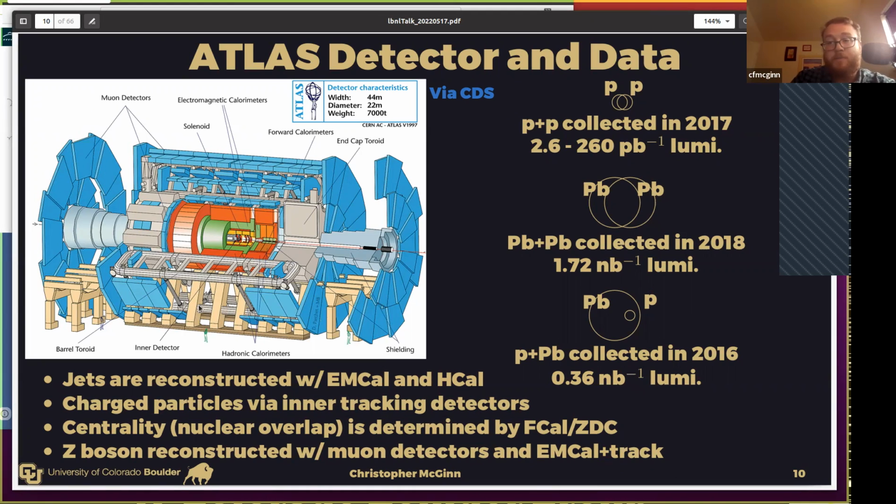I'm not going to go through them except to point out that jets are reconstructed using calorimetry only, effectively. Sometimes tracks are incorporated into the reconstruction, for example in fake rejection, but they're not literally a part of the composite object. That's just calorimeter towers. So when we talk about jets, we're just talking about calorimetry. When we talk about the charged particles associated with jets, we're talking about the inner tracking detectors.